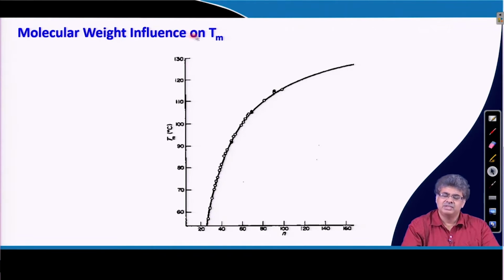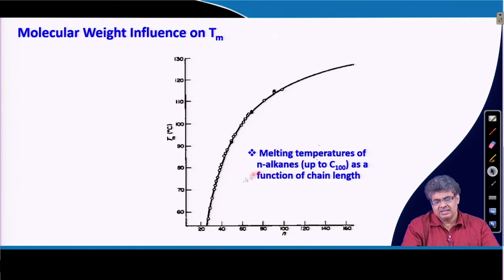Molecular weight also influences Tm, but beyond a certain molecular weight it tends to level off. In this case, this is data for n-alkanes up to C100. You can see that after about n of say 80 or so, it basically levels off.